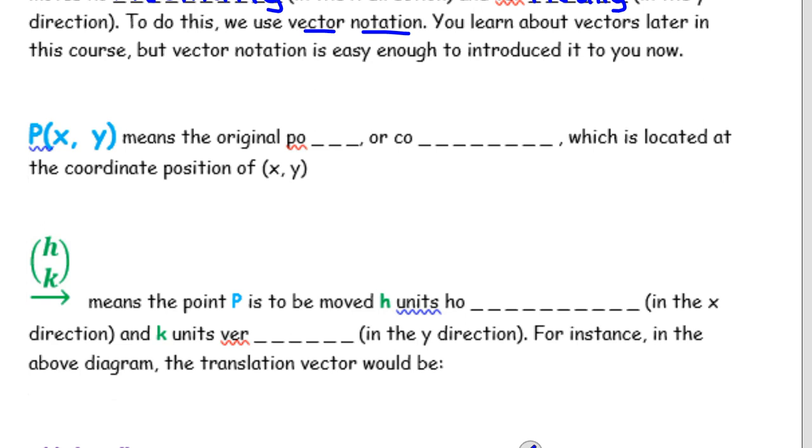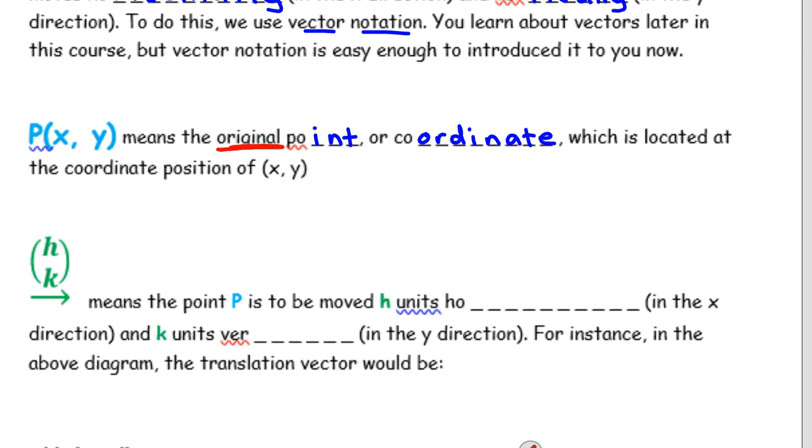Let's say P(x, y) means the original point, or coordinate, but I'll probably be saying point. Points or coordinates, same thing. So P(x, y) is the original point of the red diagram, located at the coordinate position (x, y). It's a point that was on the original diagram.